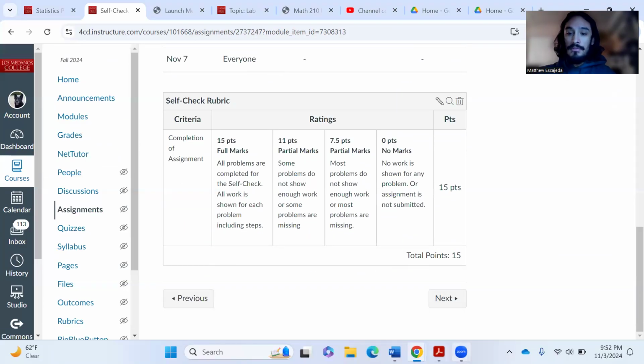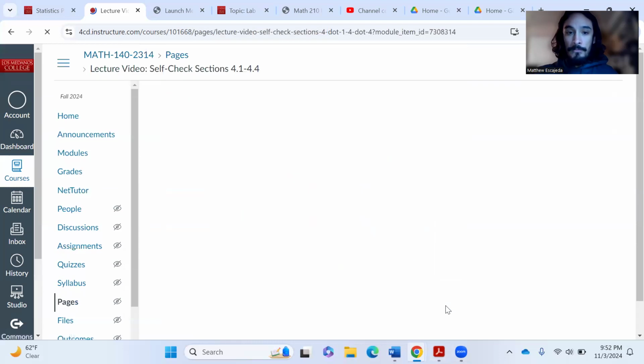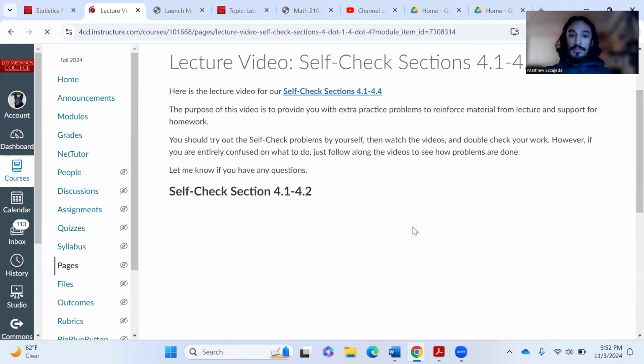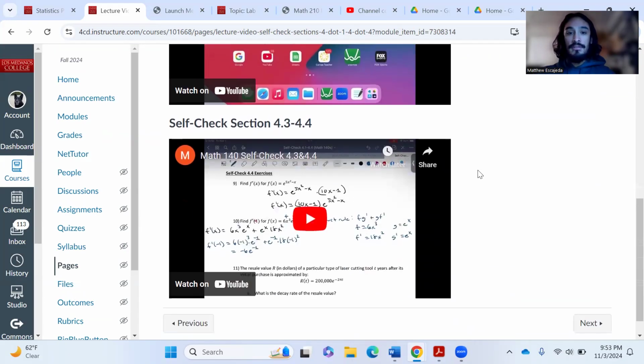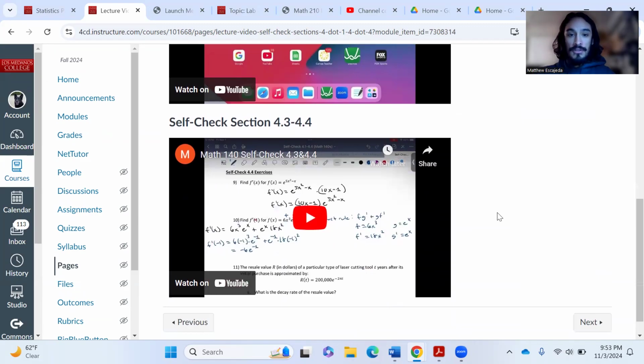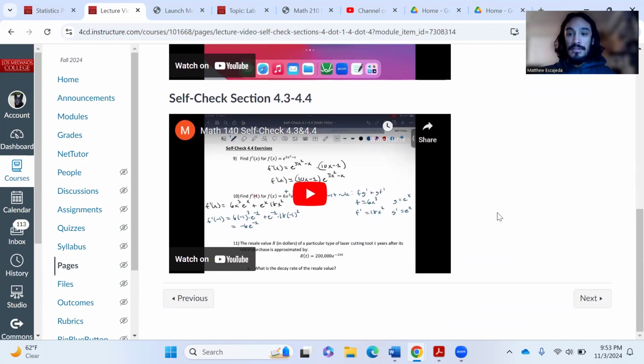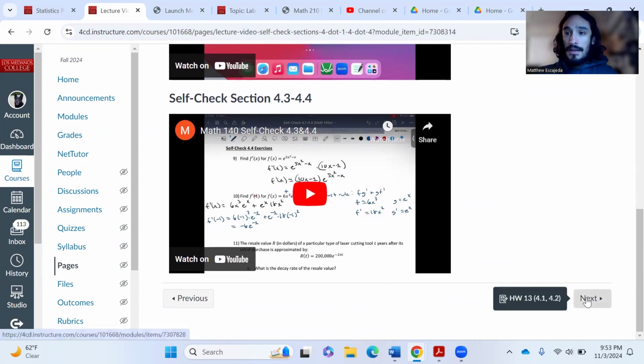And here's a rubric that I follow for this assignment. So here's the self-check videos. It's broken up into 2 parts, 4.1 through 4.2. That's sort of the review of natural logs and exponential functions. And then 4.3 and 4.4 self-check is about the calculus of these by taking the derivatives and applying it in some type of calculus application.